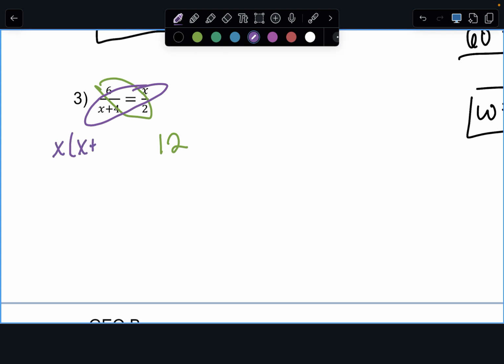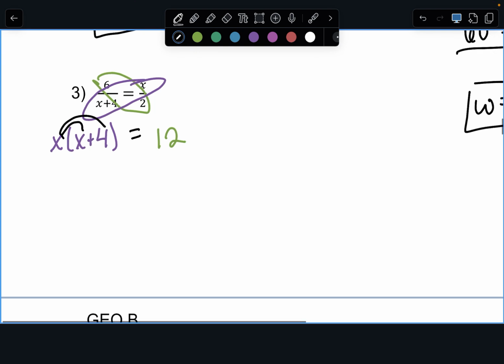X times x plus 4. You have to put that one with 2 terms in parentheses. It's not 2x plus 4, it's x squared plus 4x, is equal to 12. X times x is x squared.